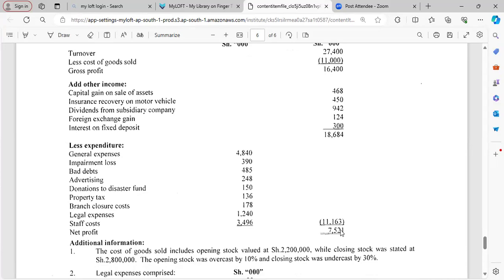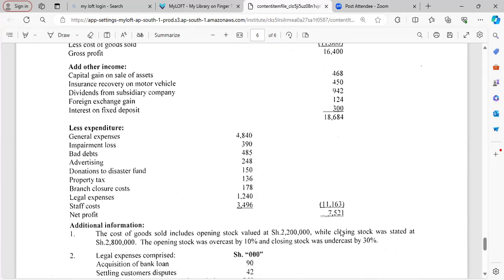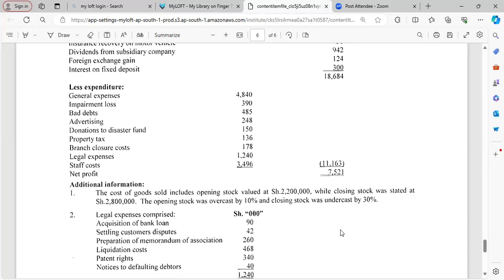It is a topic at a certain stage of your syllabus, so you'll be able to see what normally comprises it. When you have this kind of question, you take the net profit and then you start with the disallowable expenses, which you do the adjustment on, and you start with the additional information first. So let me just share my board quickly so that I can show you how to do this.